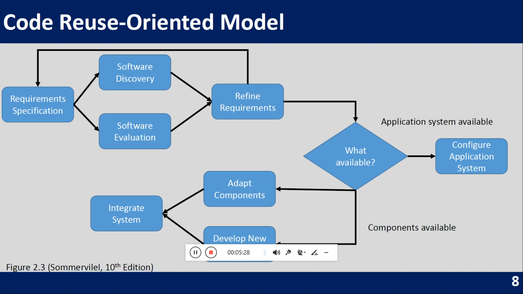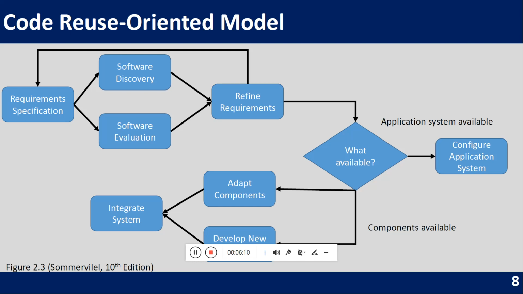Okay, cool. Oh, I see. So the thing is that the code reuse-oriented model is that maybe you want to build an online second-hand goods selling platform, and you look at some existing open source software and try to see whether it is good or not, whether it meets my requirements, and whether I can make it better.